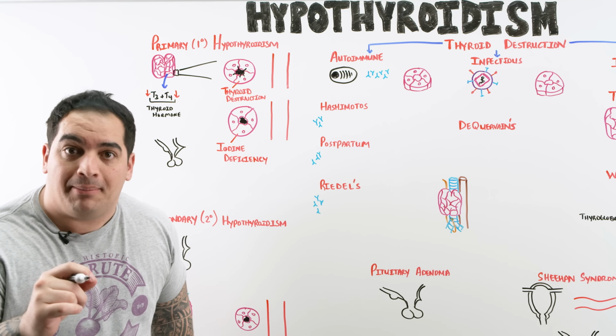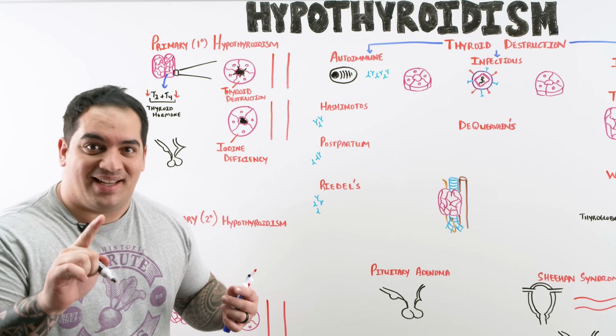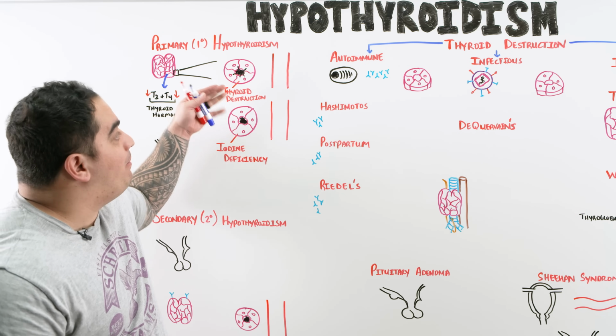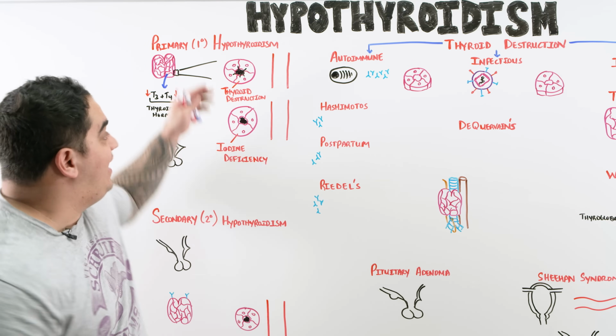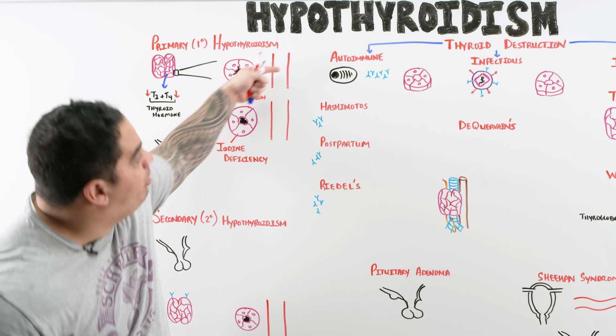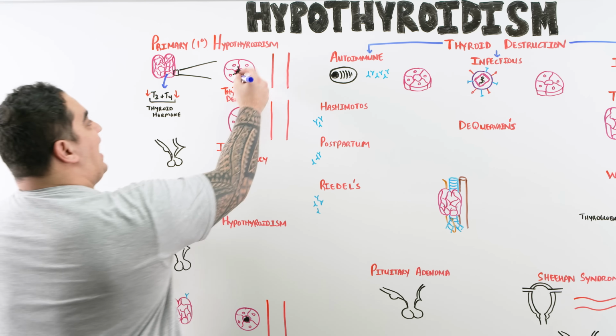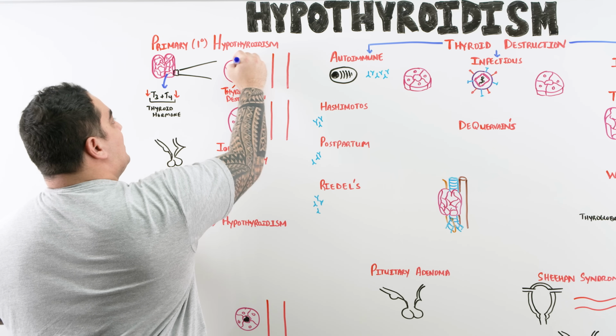Now, thyroglobulin is like a clump of amino acids. What happens is that thyroglobulin combines with iodine. And then the iodine, when it combines with thyroglobulin, makes thyroid hormone, and it gets pushed out into the bloodstream as T3 and T4.